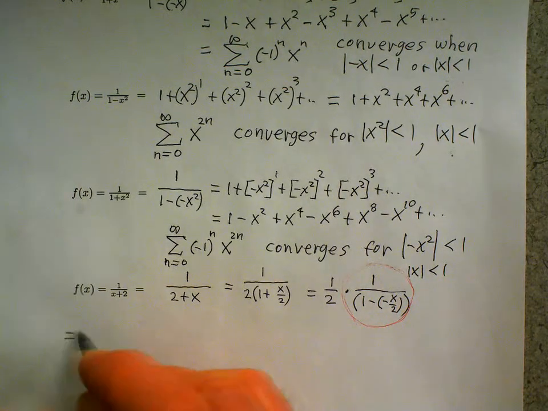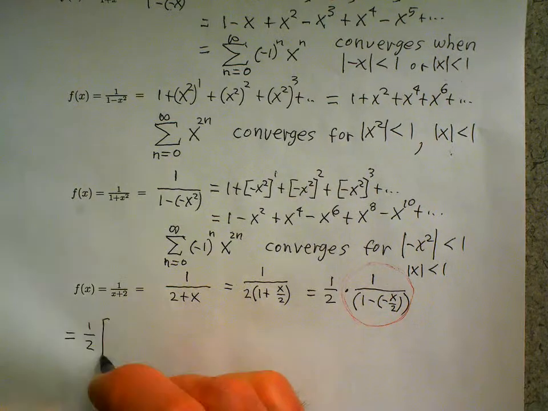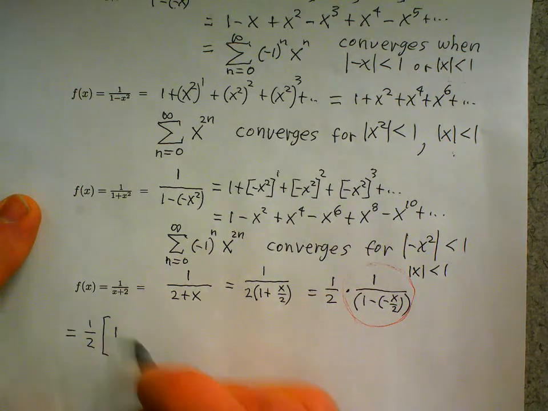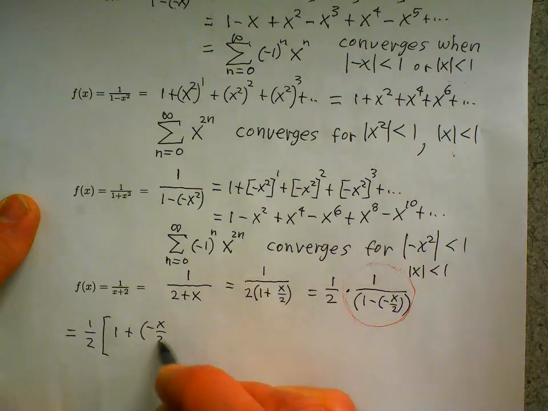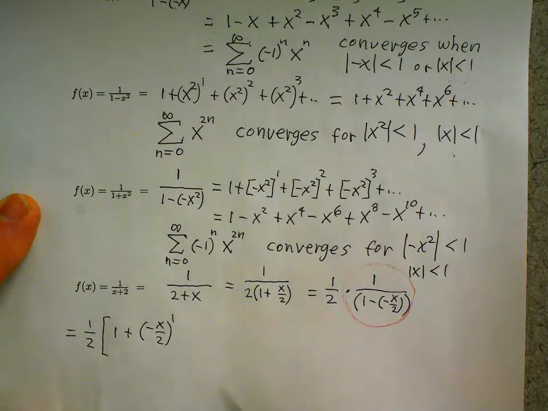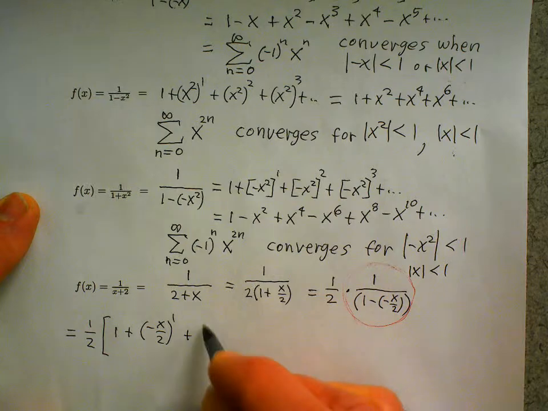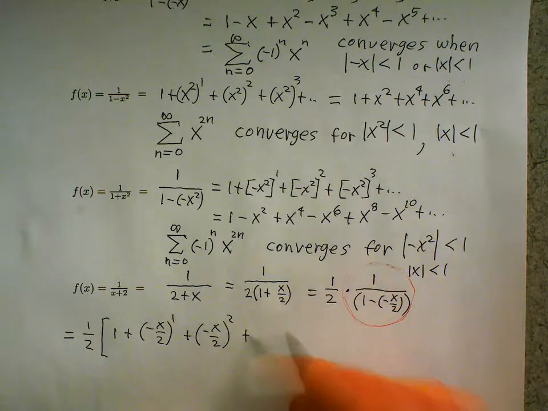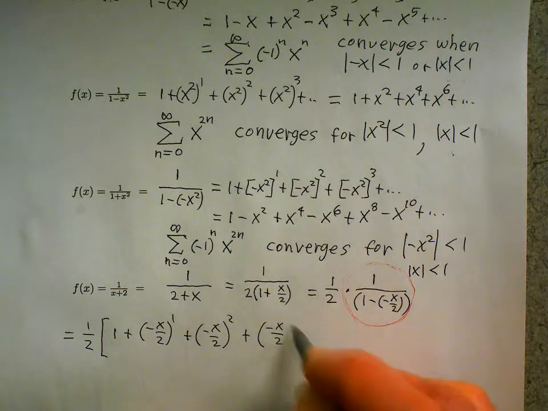Okay, so we have 1/2 times 1 plus negative x over 2 to the first plus negative x over 2 to the second, and so on. Next one plus negative x over 2 to the third.